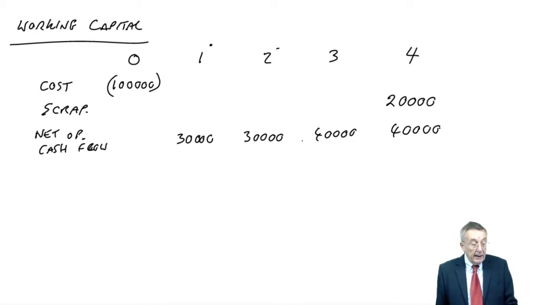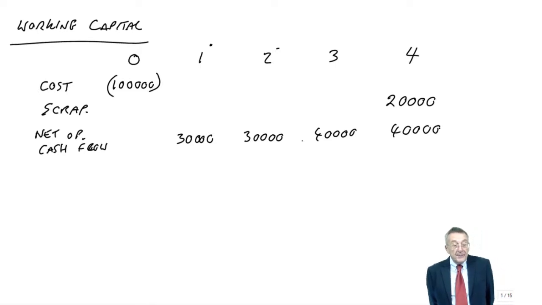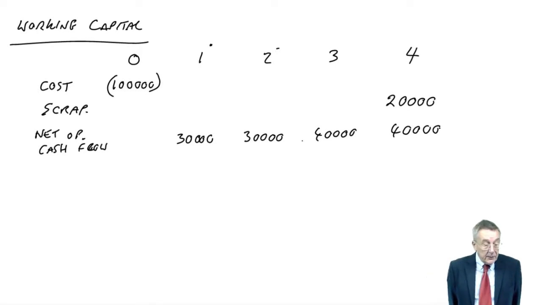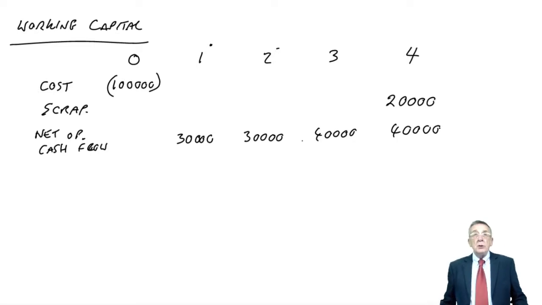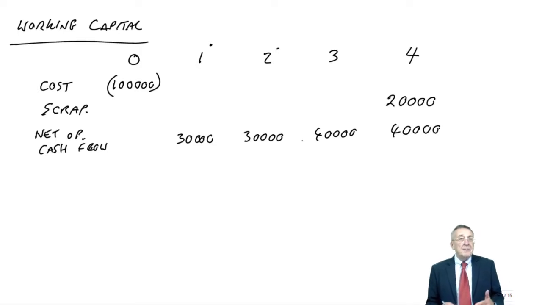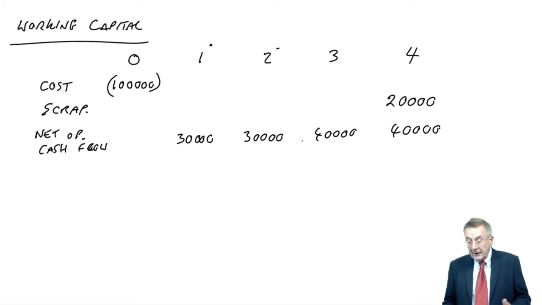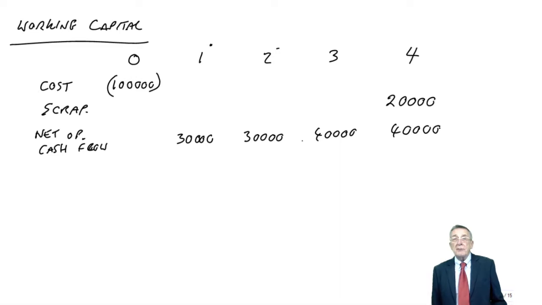Finally, though, the working capital. If you go back to the beginning, it says a machine costs 100,000 to purchase. We put that in, a cash outflow. In addition, we'll need a further 20,000 working capital. Working capital is money we'll need, for example, to purchase inventory, to buy materials to produce whatever we're producing, and to finance extra receivables if we're selling the goods on credit.